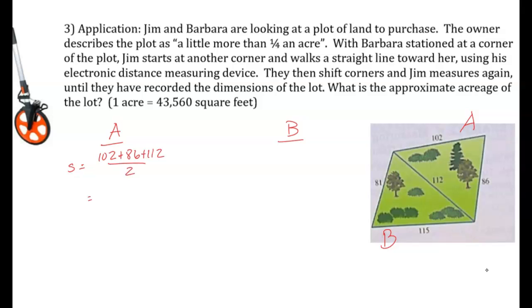On this first triangle A, I'll just tell you that's 150. So the area is going to be the semi-perimeter 150 times 150 minus the first side, 150 minus the second side, and 150 minus the third side.